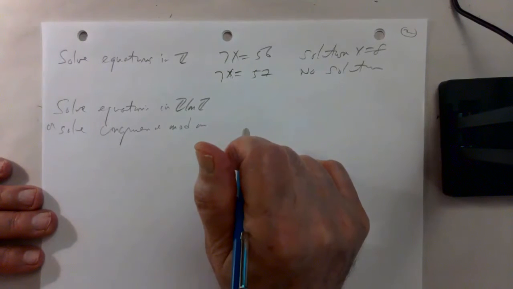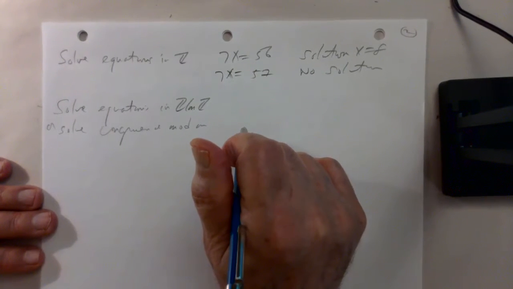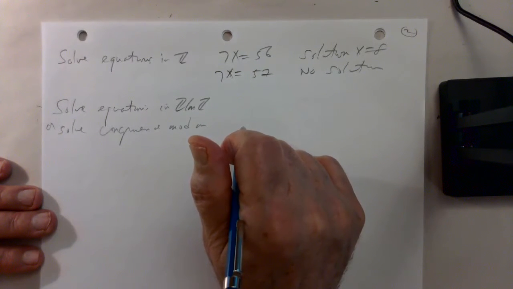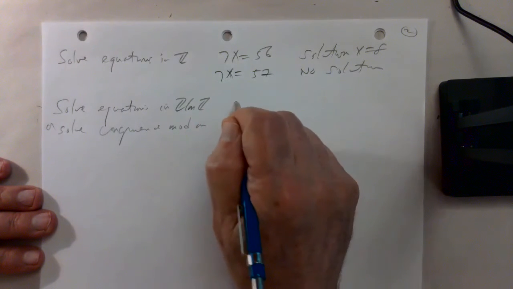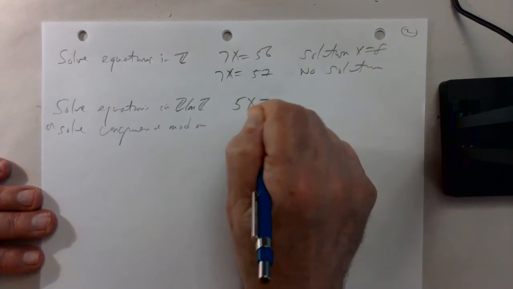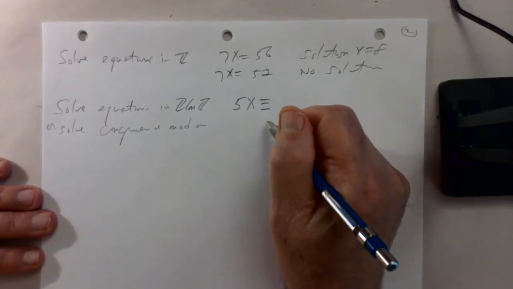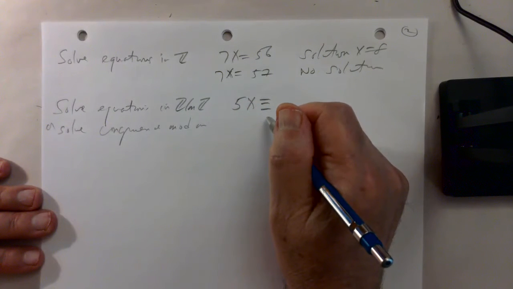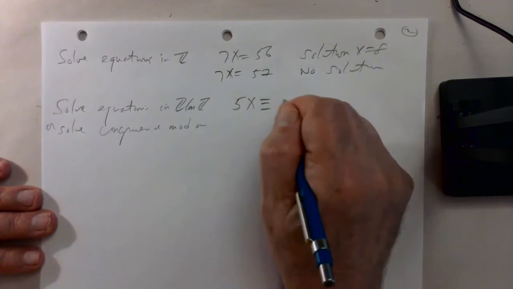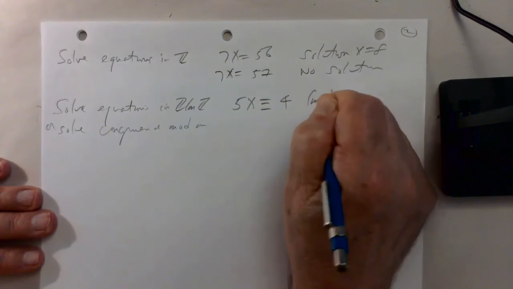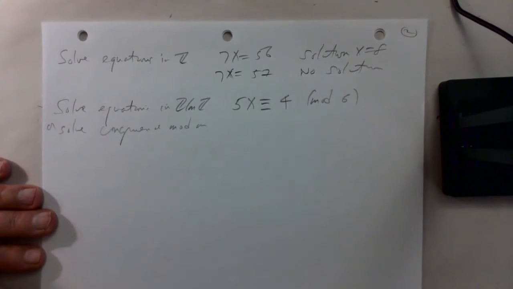Let me just indicate how these are similar. You could solve an equation like, let's see, what's a nice example, 5x congruent to 4 mod 6. What would a solution of that congruence be?